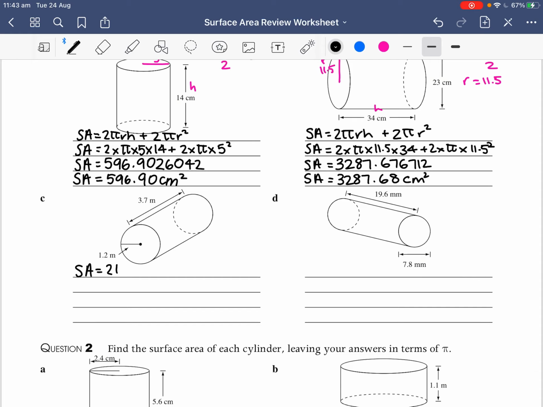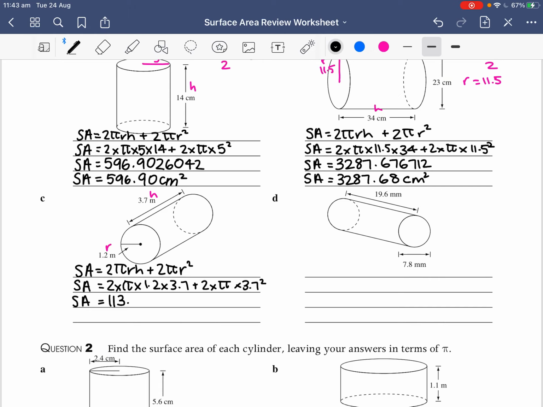For question C, we have been given our radius. So we have our formula, surface area equals 2 pi rh plus 2 pi r squared. We have our radius of 1.2 and our height of 3.7. So our surface area equals 2 times pi times 1.2 times 3.7 plus 2 times pi times 1.2 squared.